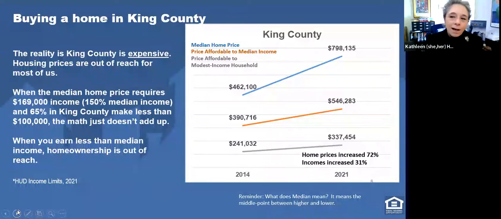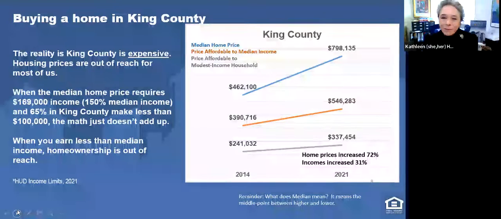However, I don't know if you know anybody whose real income increased 31% between 2014 and 2021. That number is skewed by higher wage tech workers entering King County. So the real growth in income is about a third of that for everyday people.